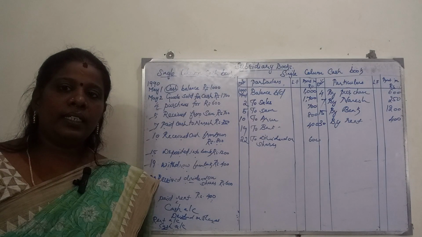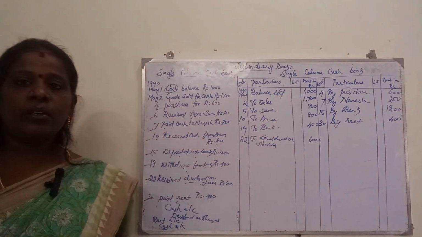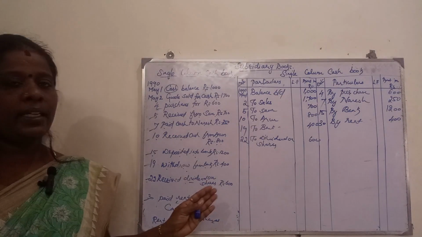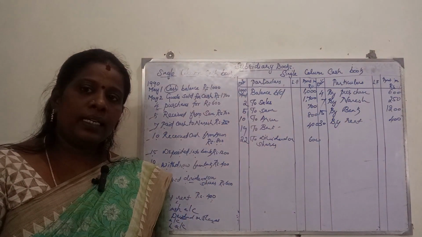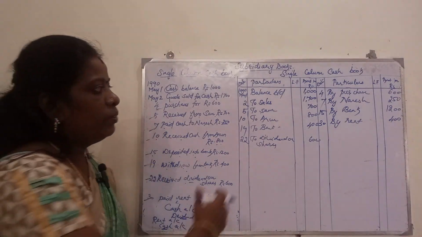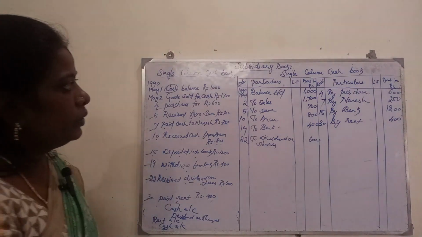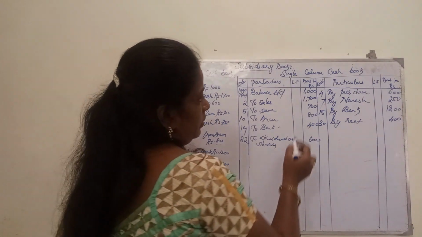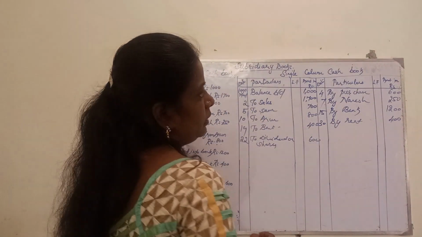So every transaction with cash is entered in the single column cash book. This is like a cash account in the ledger. But the double column and triple column cash books are different. So now we have to tally the single column cash book. First, roughly, we have to total both sides.